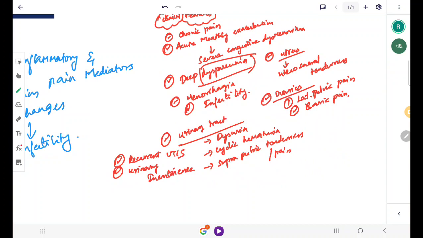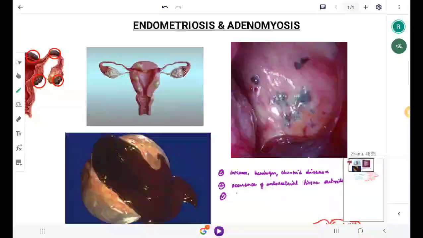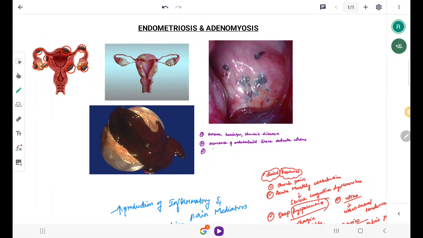Next we'll study the pathology of endometriosis. I'll show you the clinical presentation. This is the classical feature of endometriosis, where the endometrial tissue grows outside the ovary. The pathology is powder burn lesions.